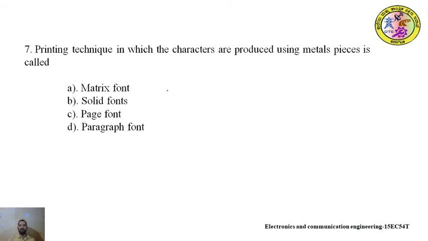The printing technique in which the characters are produced using metal pieces is called: matrix font, solid font, page font, paragraph font. This printing technique is involved in daisy wheel printing. It's a solid font.